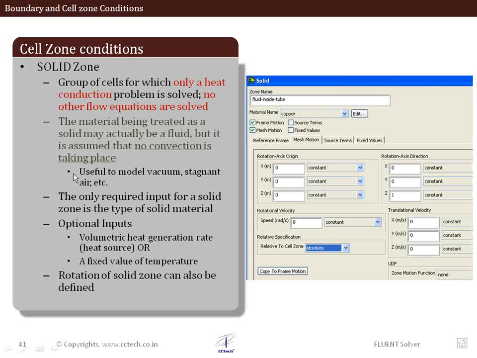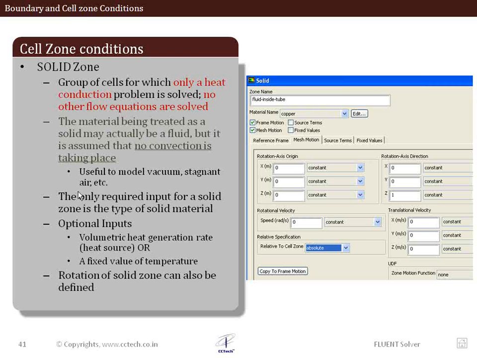One interesting thing you might come across often is that as CFD engineers we are modeling systems, so we are sometimes trying to fool the software. The software offers us something called the solid zone, and this can be very well used to model vacuum, or let's say stagnant air. We don't want to model the advection terms variation. We are not interested in the velocity variation inside a domain.